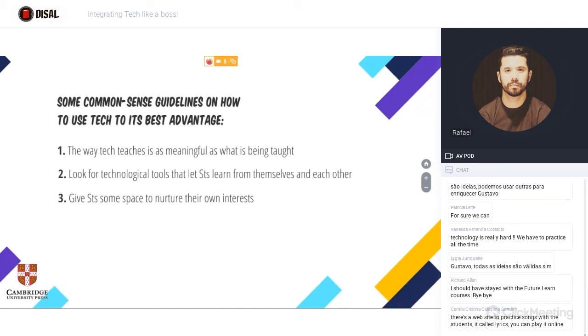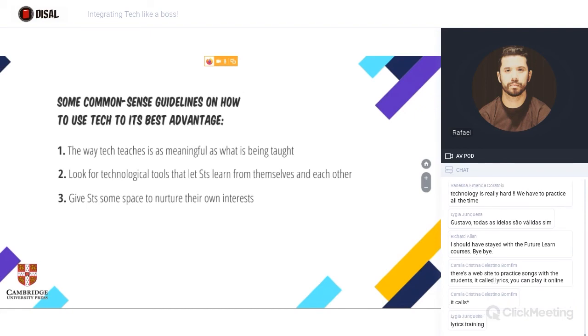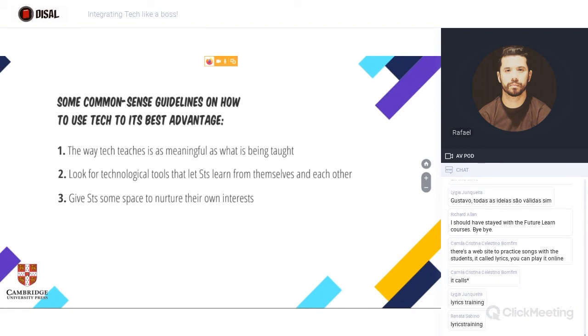So why not let them choose the way they would like to deliver an activity? By using something that is super meaningful for them, students could genuinely relate to it and probably do the activity in a much better way. So why not also listen to them and use their contributions in something that we do on a daily basis in the classroom?